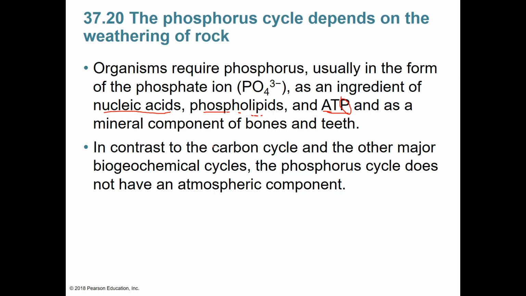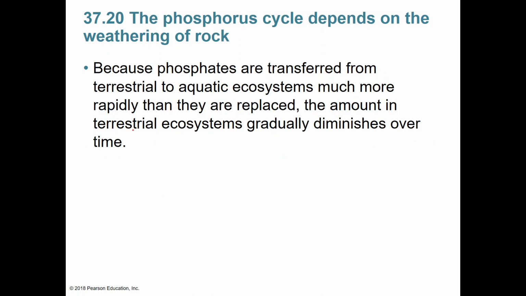It also makes up some of our bones and teeth. It's a mineral that we actually use for structural components as well. But it does not have an atmospheric component. Plants can't just pull it out of the atmosphere like we can with carbon. Most of the phosphorus comes from the soils, and in particular it's stored in rocks. So as rocks are weathered and become soils, it becomes more available to living things.